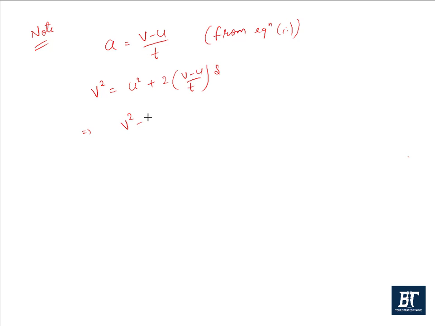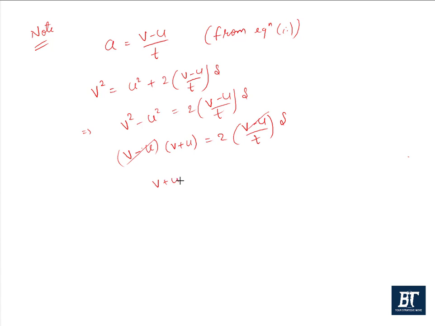So v square minus u square will be equal to 2 times v minus u by t into s, and we know that a square minus b square is a minus b into a plus b. So v minus u will get cancelled, and v plus u will be equal to 2s by t.